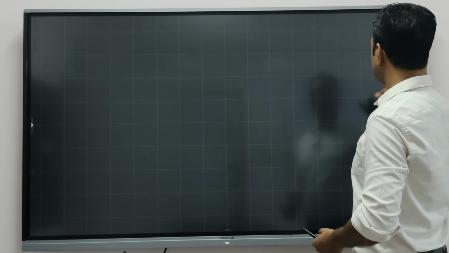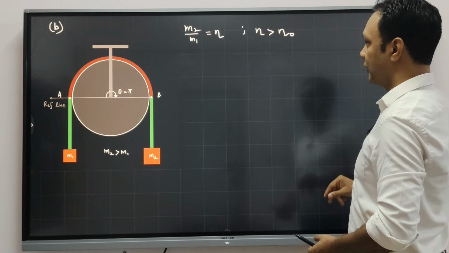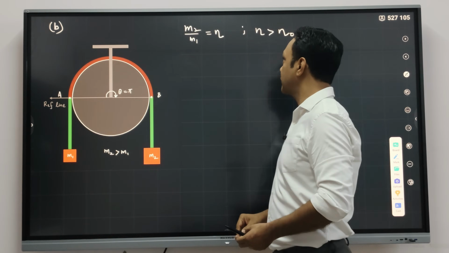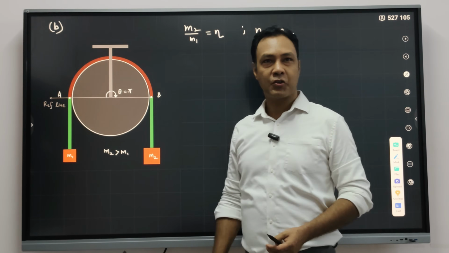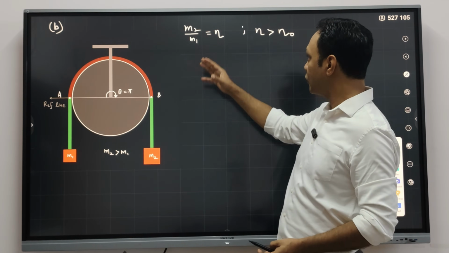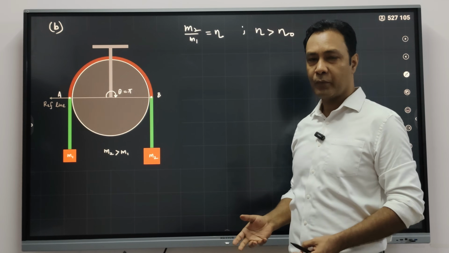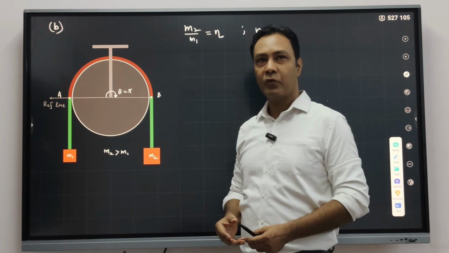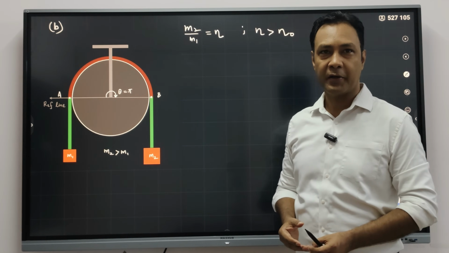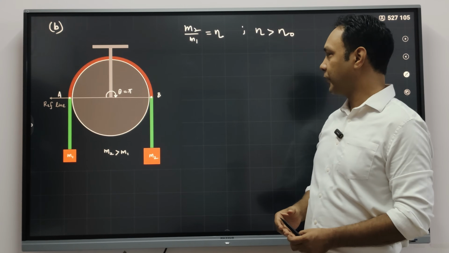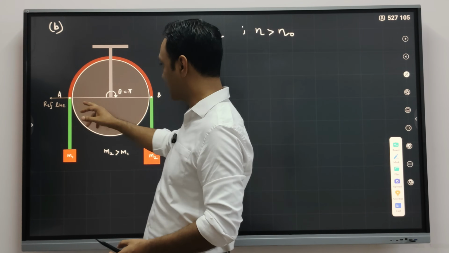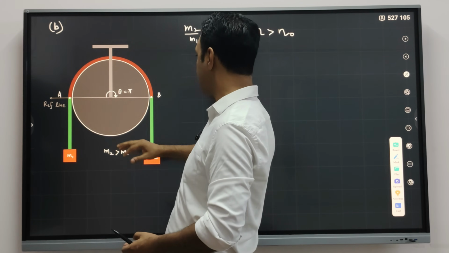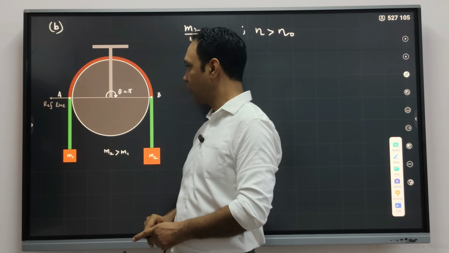Now the second part. In the second part, what was given? Earlier it was just about to slip at the ratio eta naught. The ratio has now become more than eta naught, so it will definitely move. Then the friction will become kinetic. The value of kinetic friction is the same as the maximum static friction. So in the way the tension varied in the previous case, here also the tension will vary.